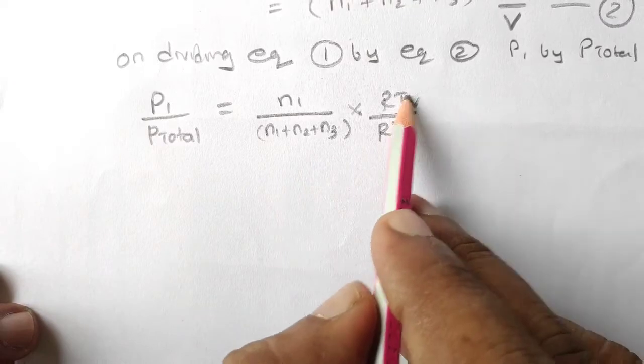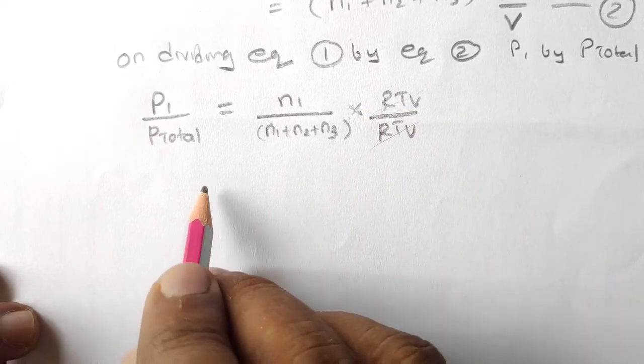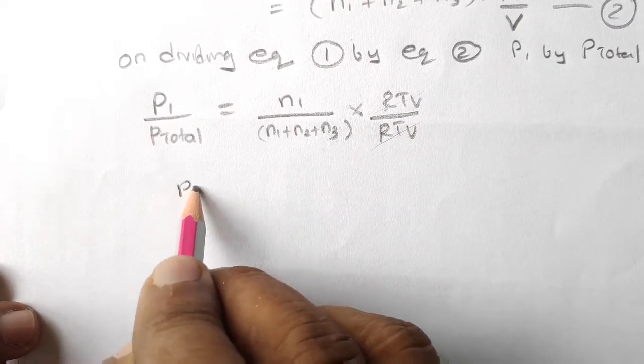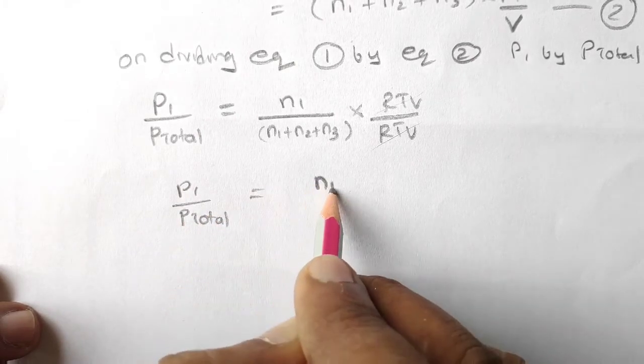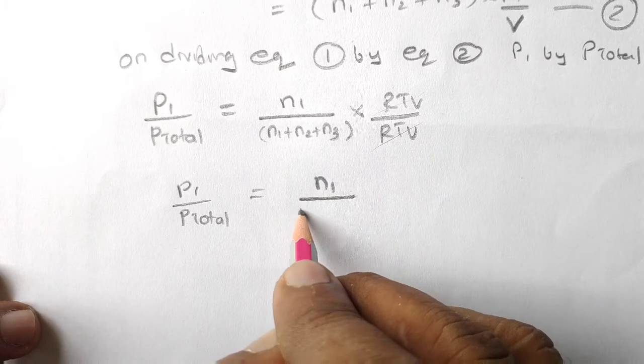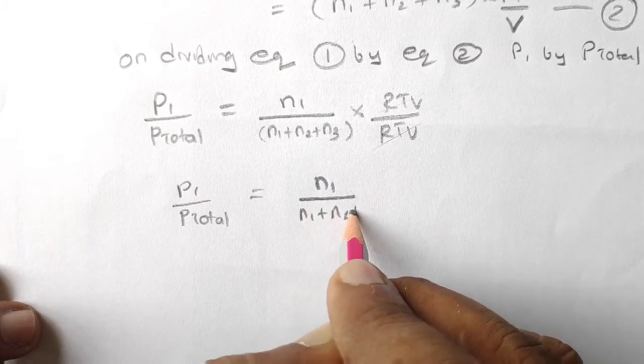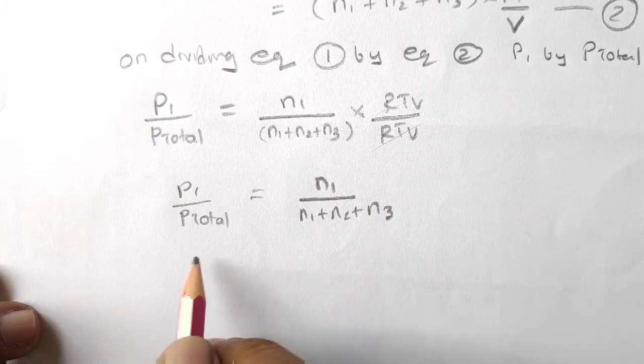So you can see this will get cancelled here. Therefore P1 upon P total is equal to N1 upon N1 plus N2 plus N3, right?